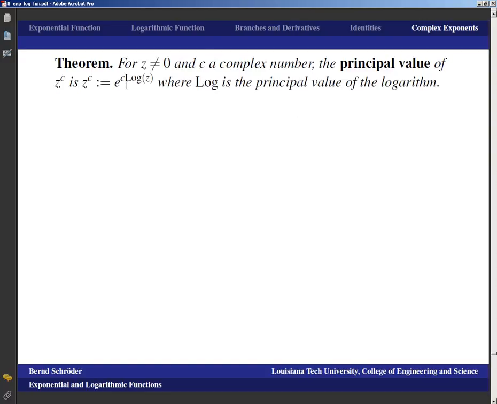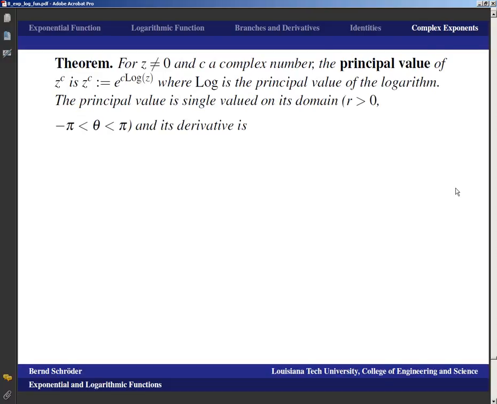You notice again we already saw that here because the logarithm was capitalized. The principal value function is of course single valued in its domain, because we're sticking a single value into the exponential function, which is single valued itself. And the domain is the domain of the principal value of the logarithm, so r is greater than 0 and theta is between negative pi and pi exclusively.